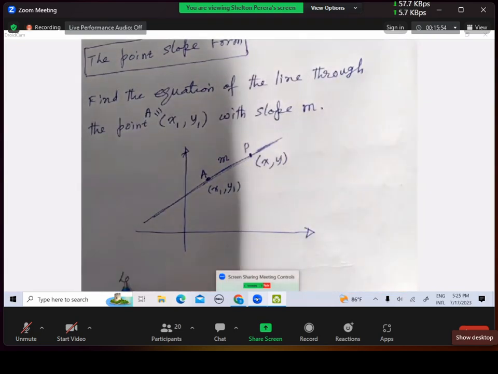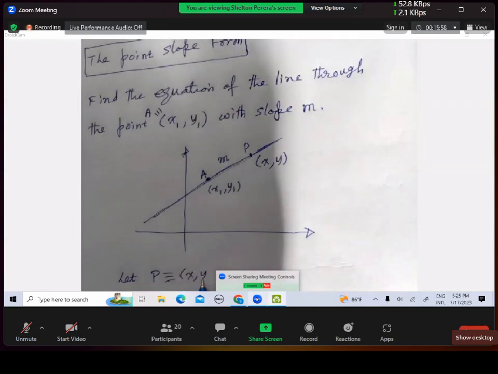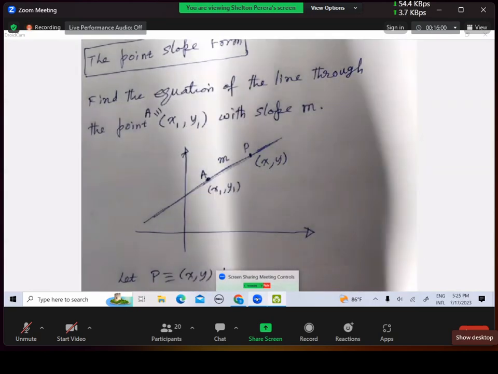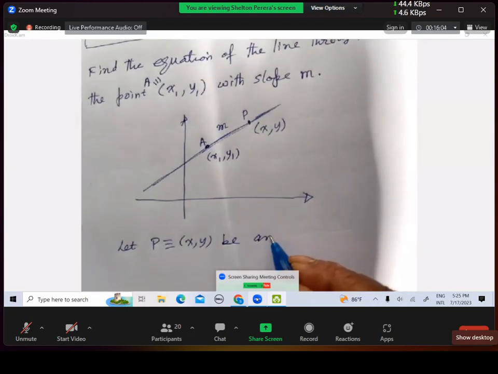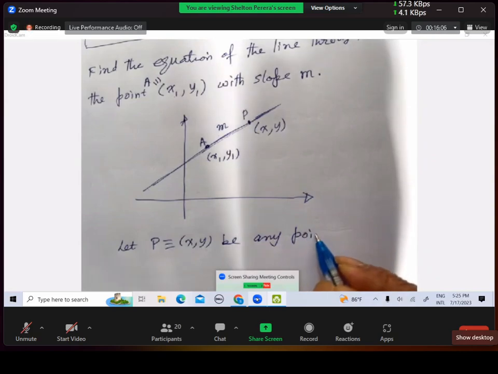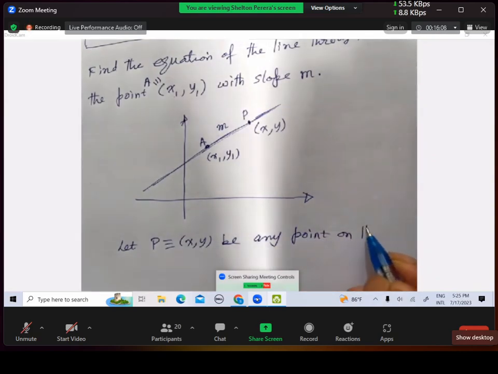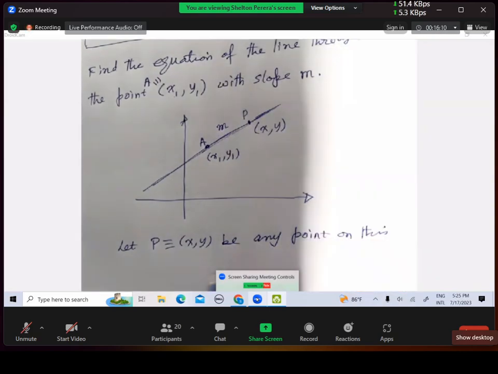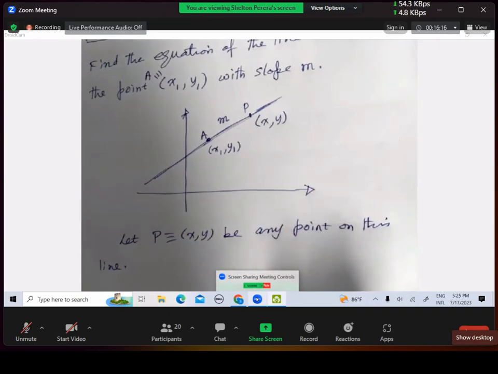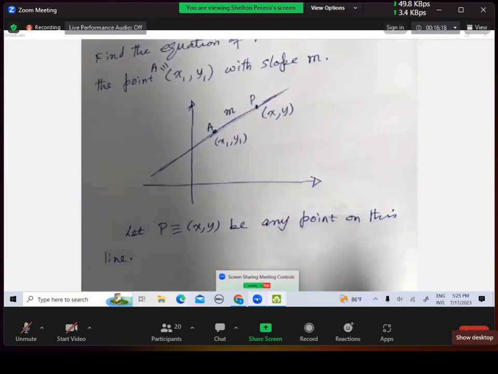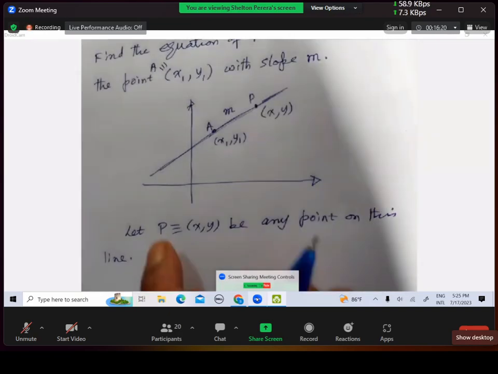Let capital P, x, y be any point on this line. What do you mean by the equation of this line? Is there a relationship between x and y?